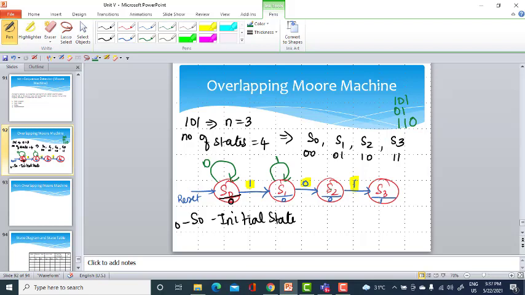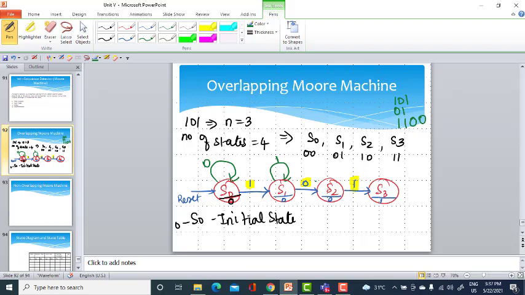Now, if you receive 1 when you are in state S2, you go to S3. But if you receive 0 again, what will that be? See, in an overlapping sequence, what is said to be overlapping sequence?